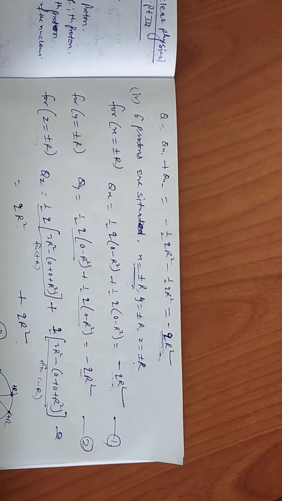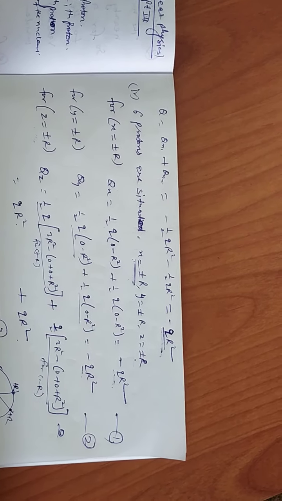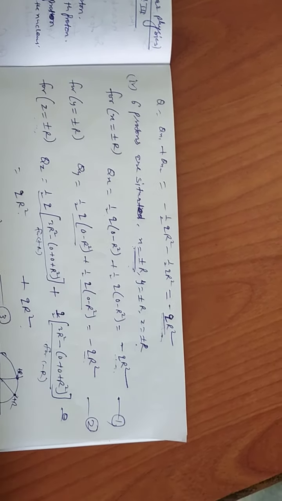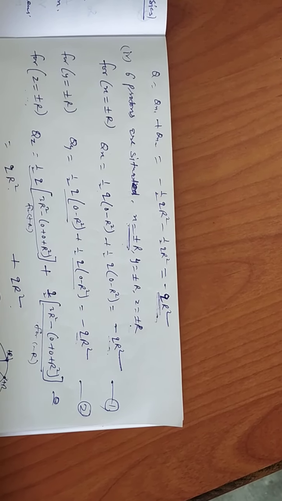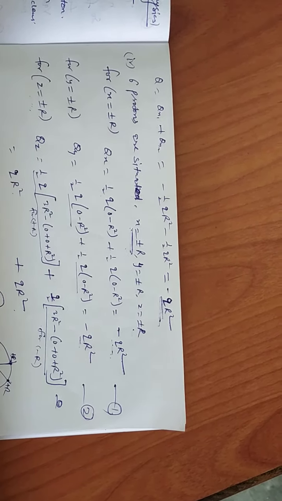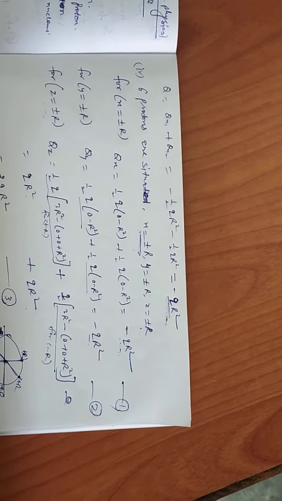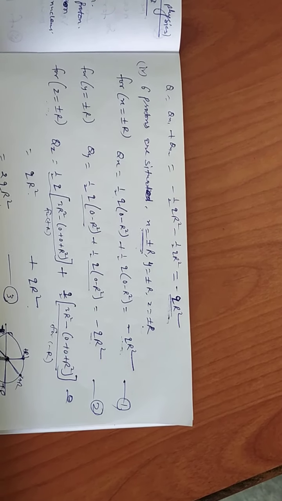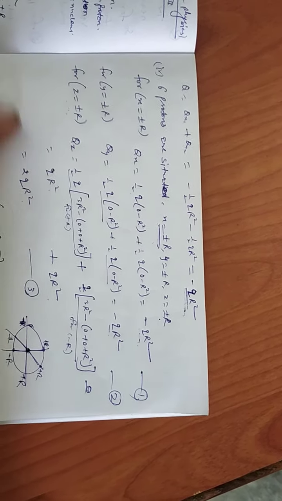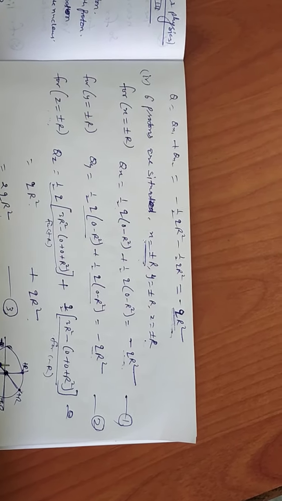Now the fourth one, this is interesting. In this case 6 protons are symmetrically distributed, which means this is the center of the nucleus, one is plus r, this is minus r, plus x, minus x, plus z, minus z. If we stand here, then we can see the symmetrical structure around us.